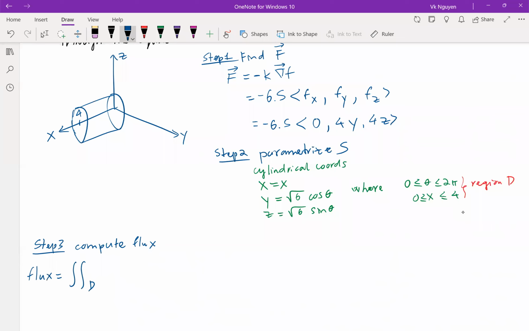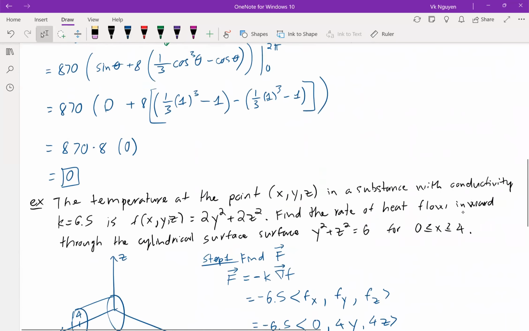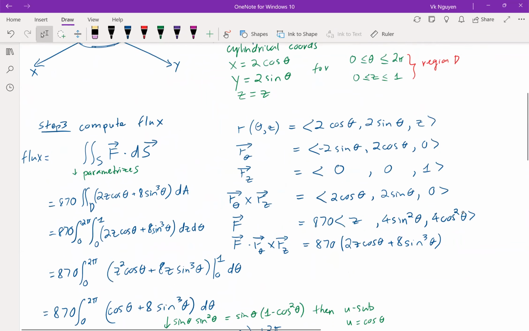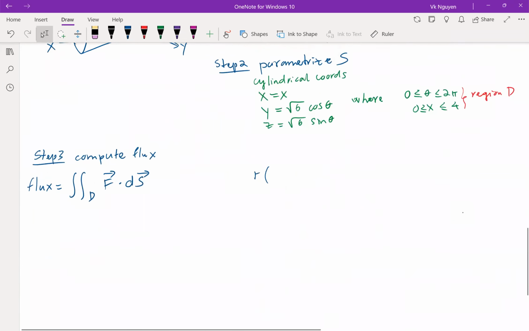Flux, F dot dS. Okay, so now we're going to do F dot dS right here. Or you can do r_theta cross r_x, because I'm getting used to this one. If we used r_theta earlier, r_z, then it's going to be r_theta cross r_x right here.